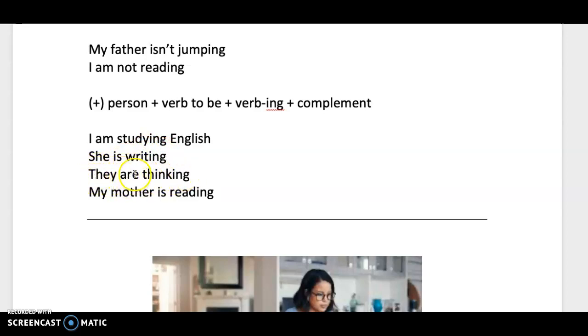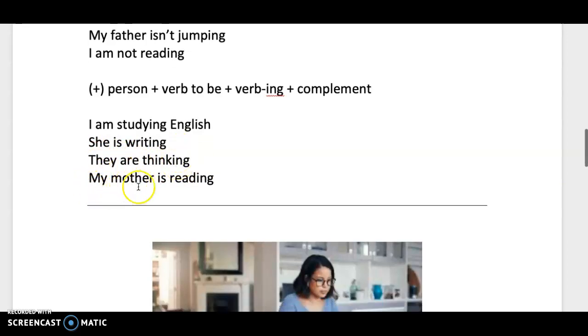Ellos están pensando. And my mother is reading. Okay? So do you guys remember in what situations we use present continuous? Yes, for situations that are happening now. Entonces utilizamos presente continuo para las situaciones o para las acciones que están pasando en el momento.